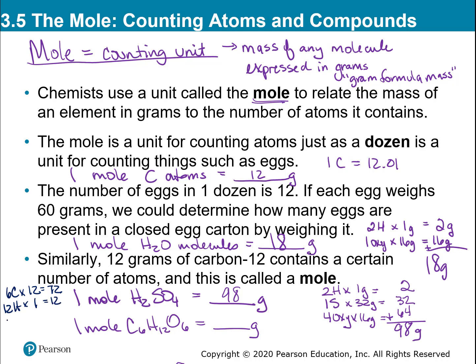And then oxygen, I have 6, and each one weighs 16, so how many is that? 96. Now add those up. 72 plus 12 is 84, plus 96 is 180. Did anybody not get that? There's 180 grams in 1 mole.